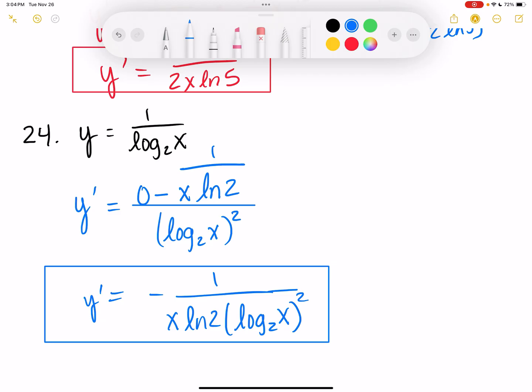We don't go through and multiply it or whatever. How did you get that fraction on top? Well, technically this is just negative 1 over x ln of 2 times 1 over log base 2 of x squared. I just wrote it all as one thing. Okay.